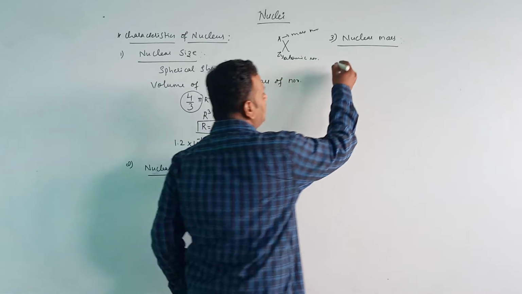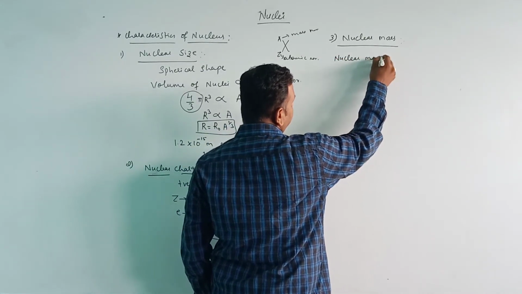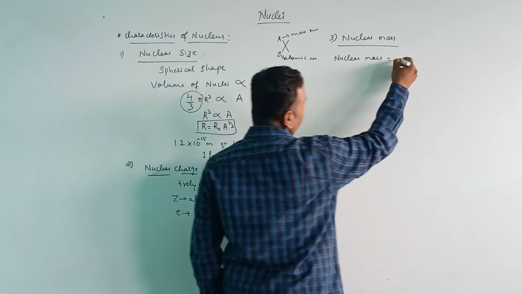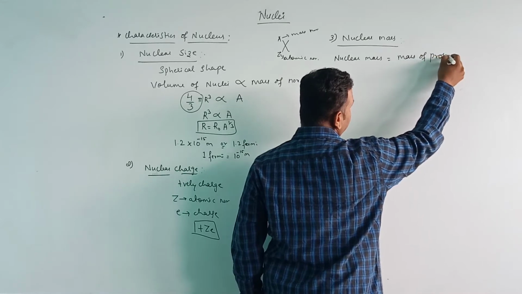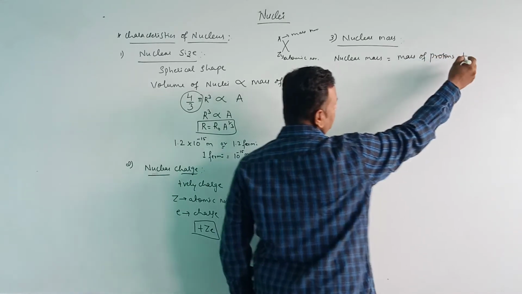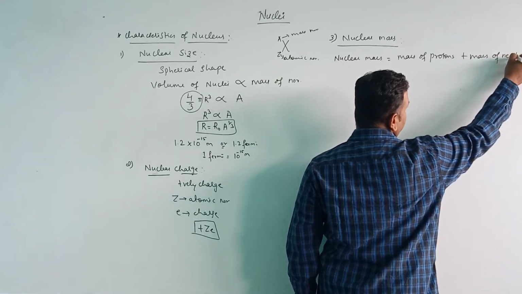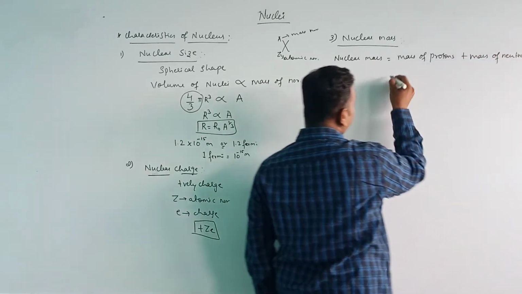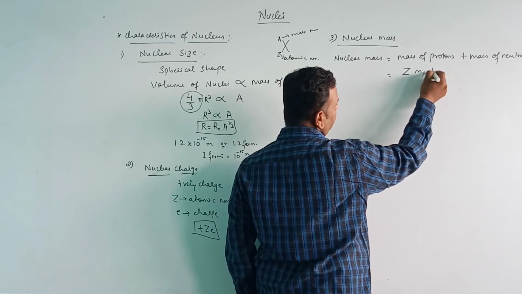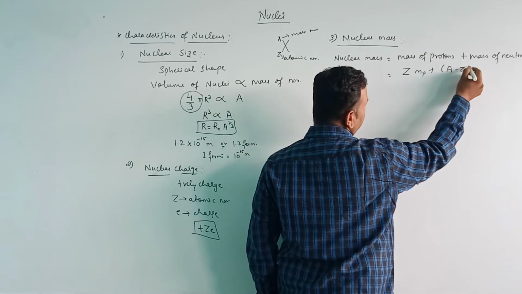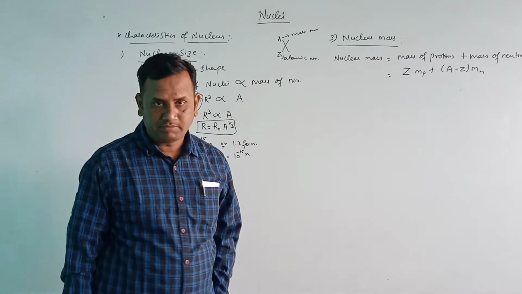So nuclear mass is the mass of the protons plus the mass of the neutrons: Z Mp plus (A minus Z) Mn gives us the nuclear mass.